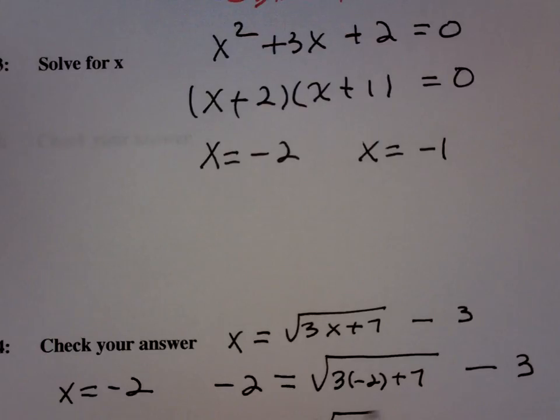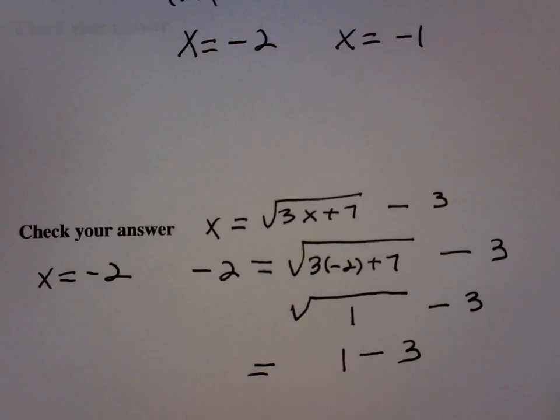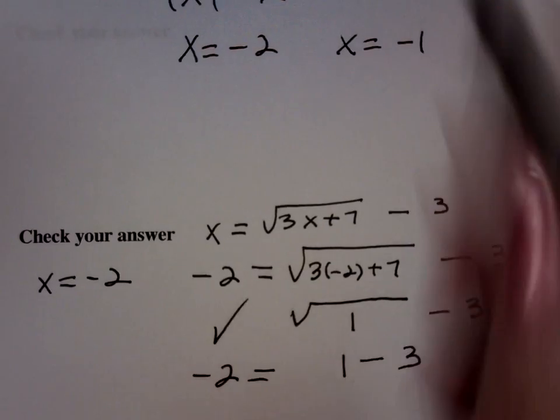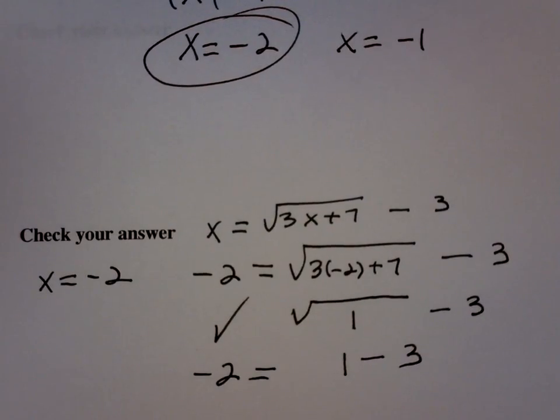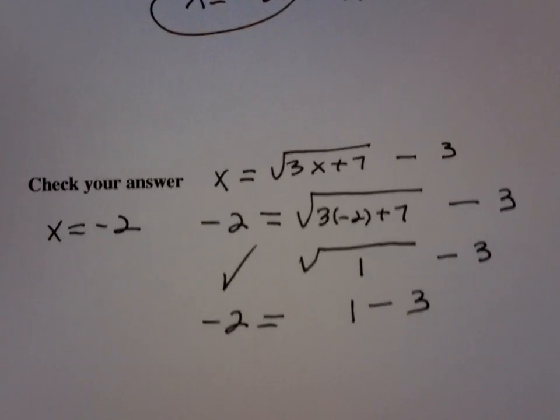Well, this is the square root of minus 6 plus 7, which is 1, minus 3, and 1 minus 3 is negative 2. So negative 2 checks. So you can't reject a solution just because it's negative.